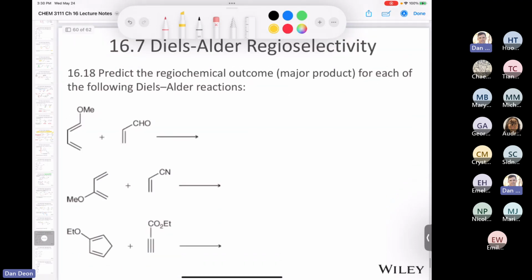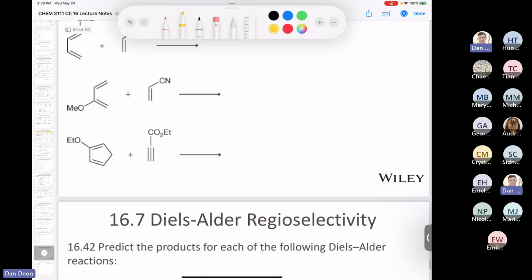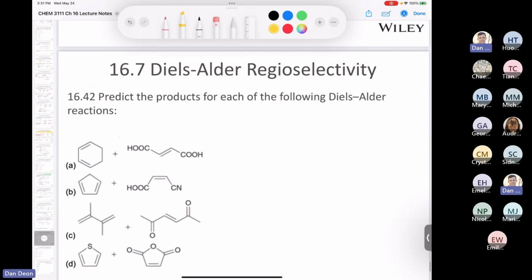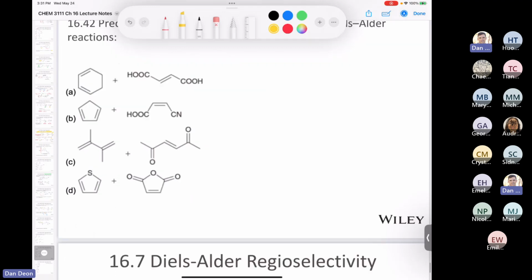Nothing more than that. So based on all that information, next class, we're going to cover this question where we look at regioselectivity. I want to cover this question, which doesn't really deal with regioselectivity, but in this one, we have to draw some bicyclic products. There's one that's even a tricyclic product.